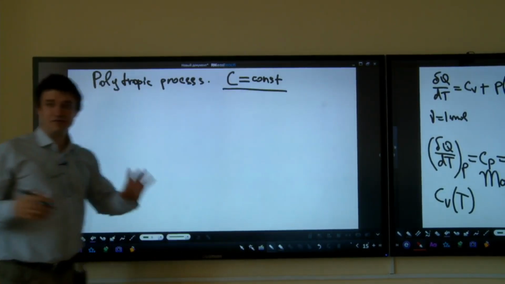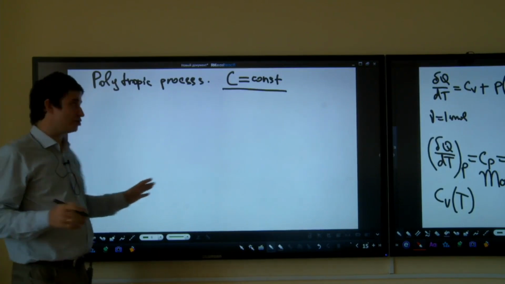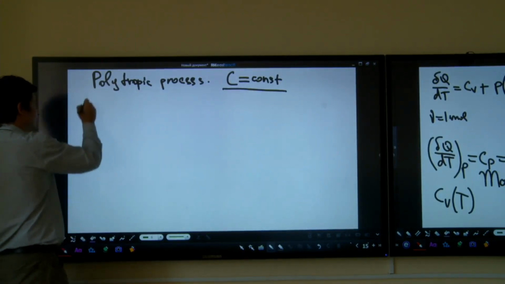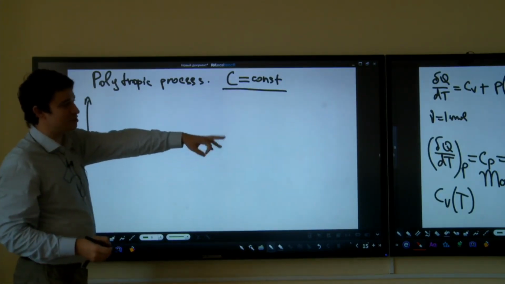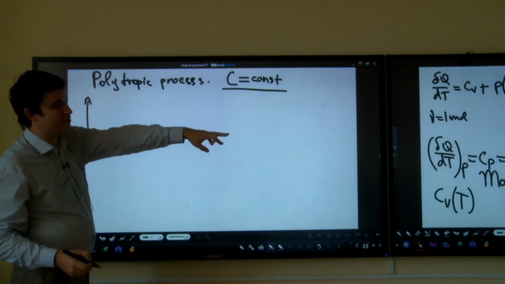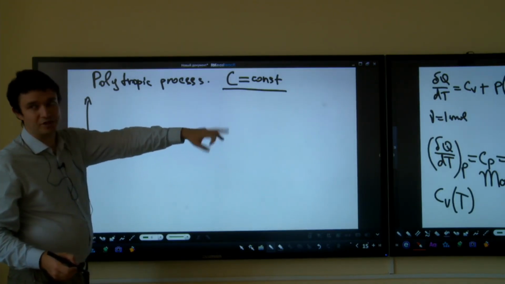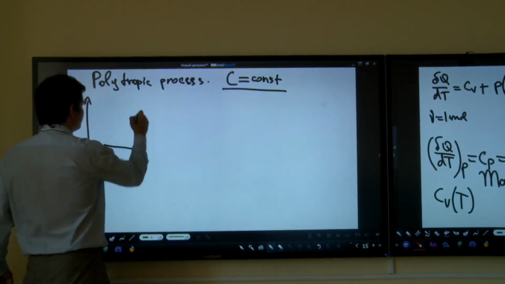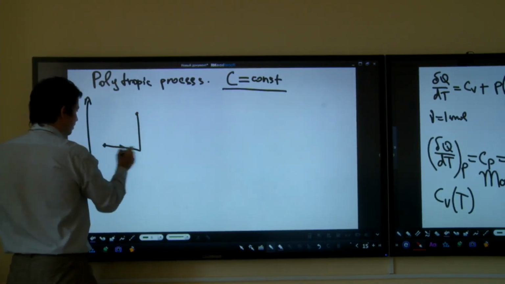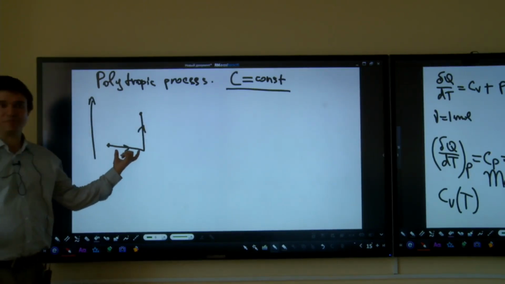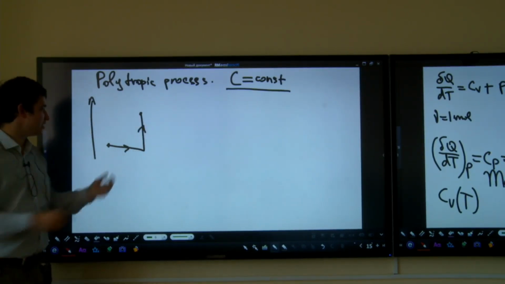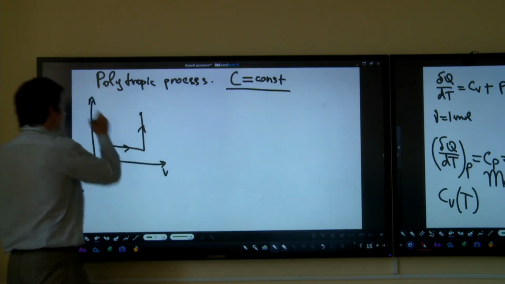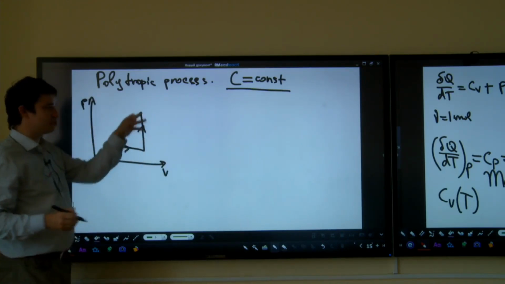Not every process satisfies this condition because, as I have derived previously, the heat capacities at constant pressure and constant volume are different. So I can consider, for example, the following process as a single one, which contains a part which happens at constant pressure and another part which happens at constant volume.